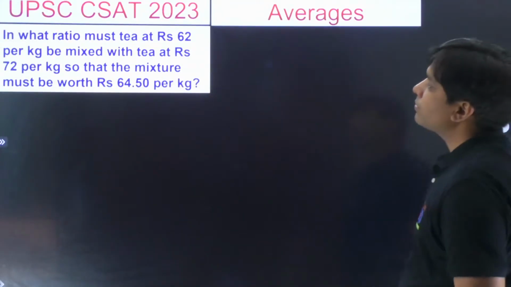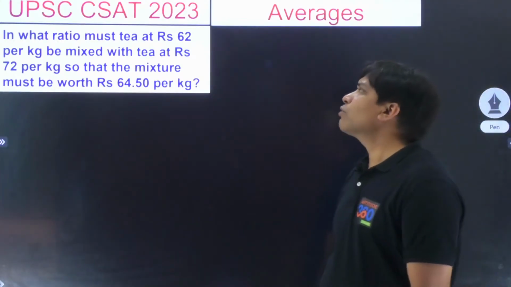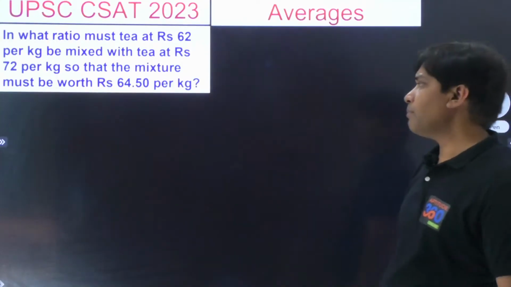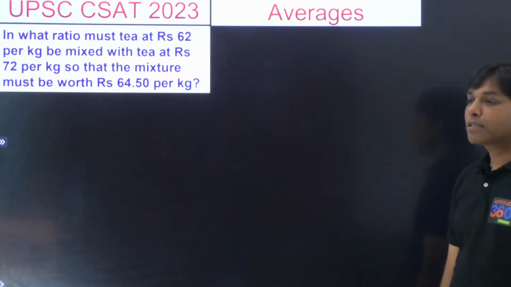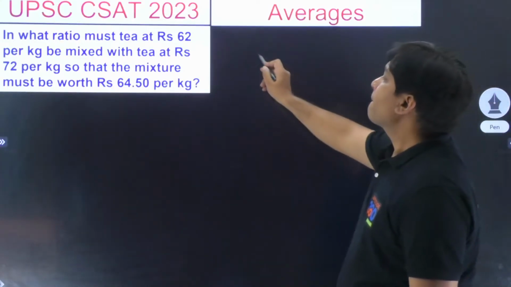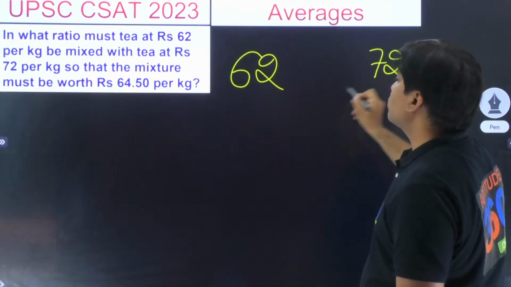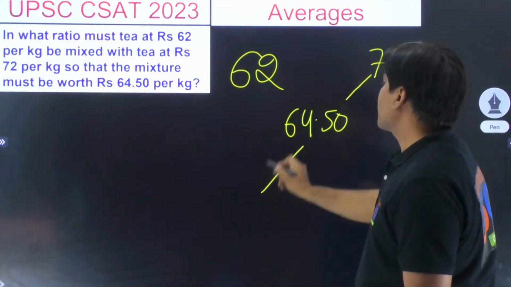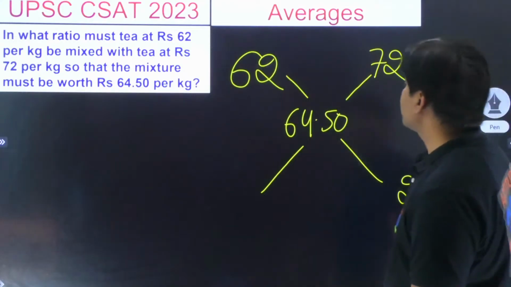Now how about this one? In what ratio must tea at rupees 62 per kilogram be mixed with tea at rupees 72 per kilogram? Pretty simple problem. In what ratio must 62 and then 72 and then 2.50.